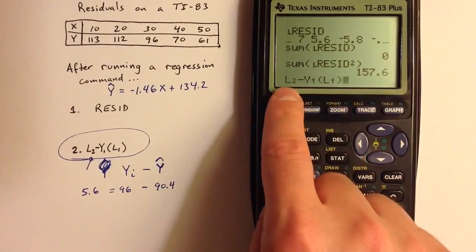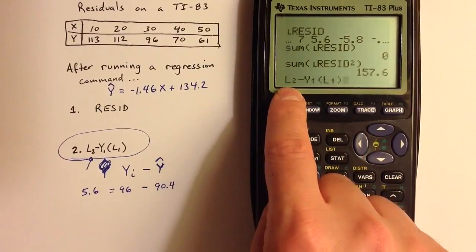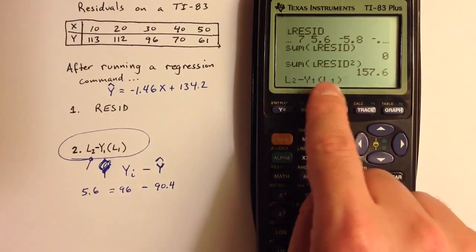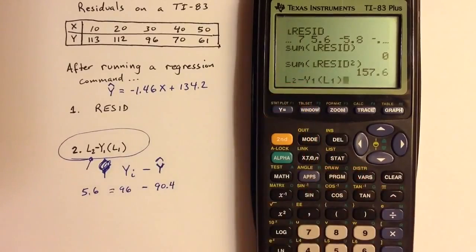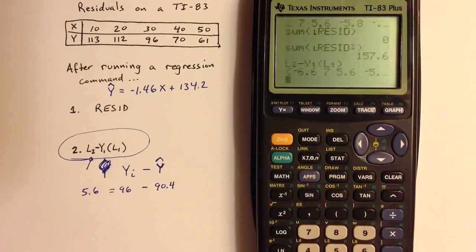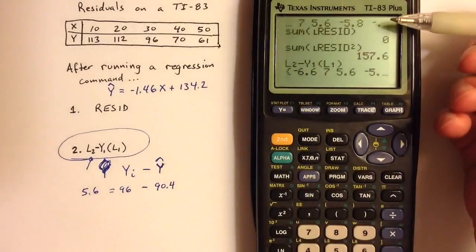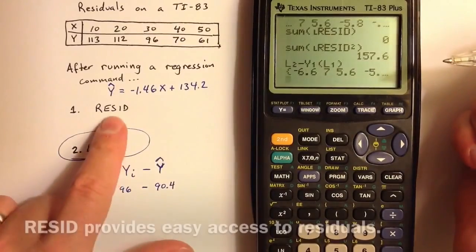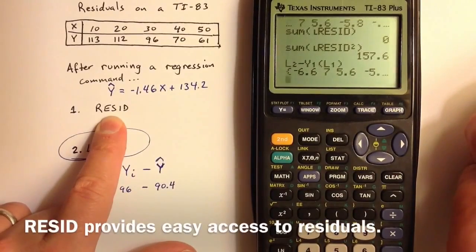It's going to subtract those from each value from list 2. So the first value in list 1, we apply the function and subtract it from the first value of list 2. So that creates a new list, which is the same as the list that we just saw a moment ago. So using the residual list is definitely the easier way to go about this process.